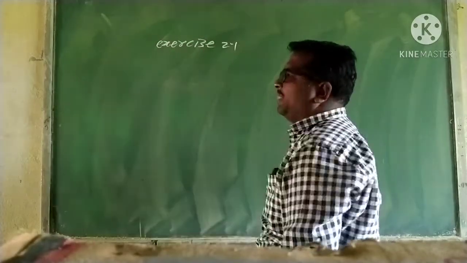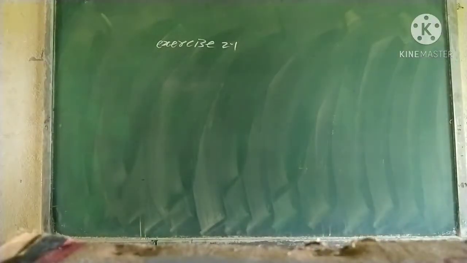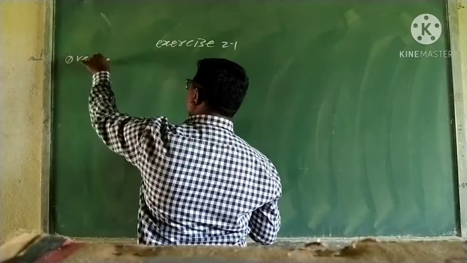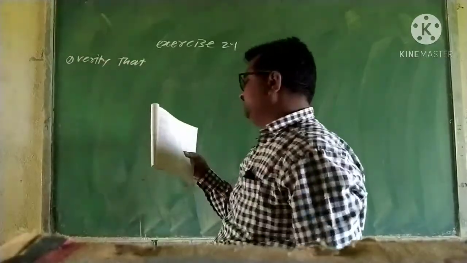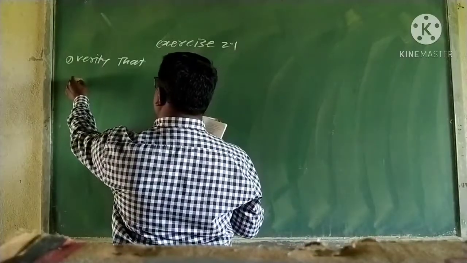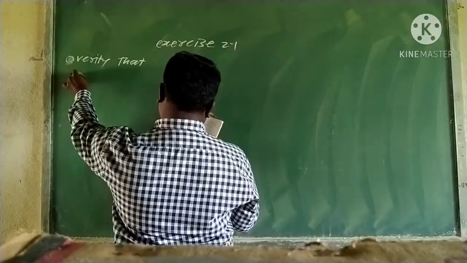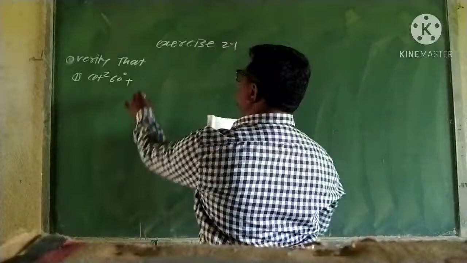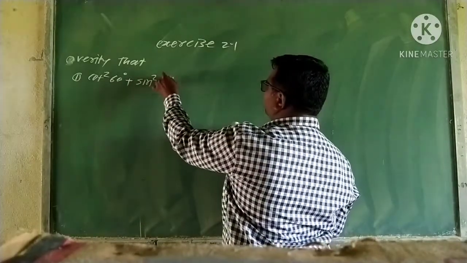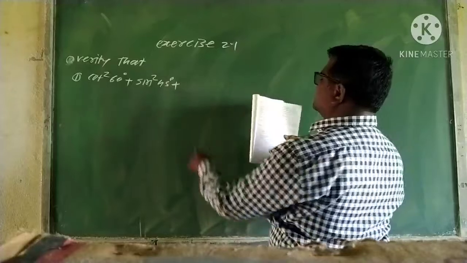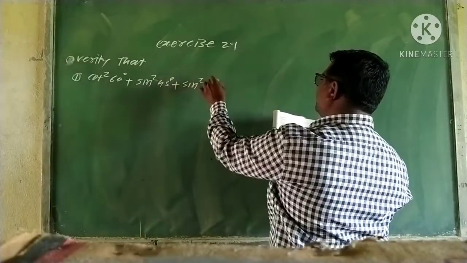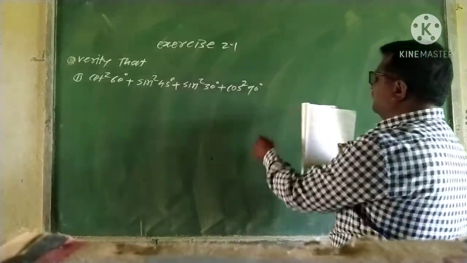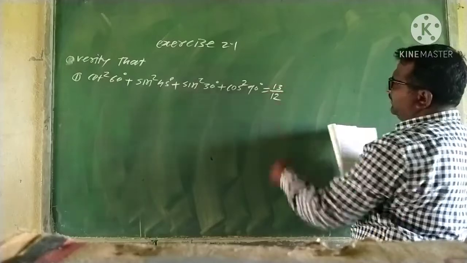Your first problem is verify that cot square of 60 degree plus sin square of 45 degree plus sin square of 30 degree plus cos square of 90 degree equals 13 divided by 12.